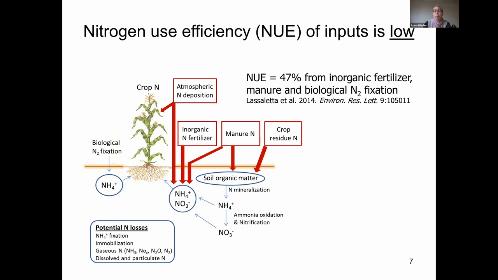So some of it could be fixed in the soil, it could be retained in some organo-mineral complex, but the worry and the concern that we have is that nitrogen is very susceptible and vulnerable to be converted into some types of gaseous or dissolved forms, and so it tends to leave the agricultural system.